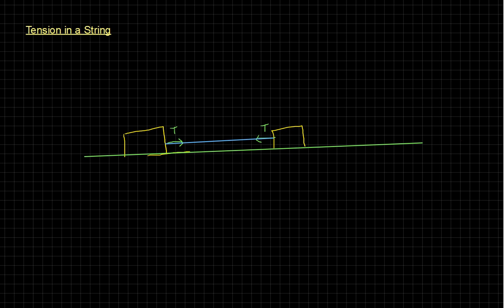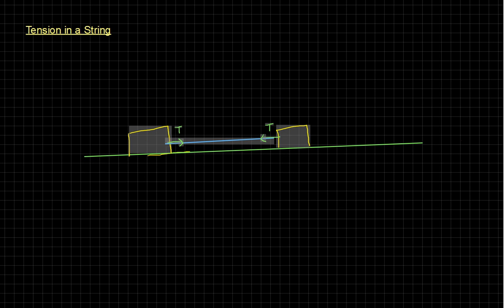It's always from both ends, acting inwards in a sense from the end of the string and then along it. And that's that force that you experience when one thing's pulling on the string, the tension's pulling back. Okay, and that will also be happening even if the objects are moving. So let's say I'm pulling on the box on the right. As I do that, let's just put this back into position.